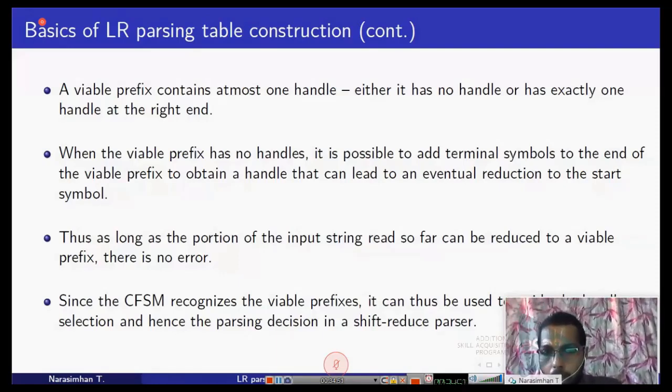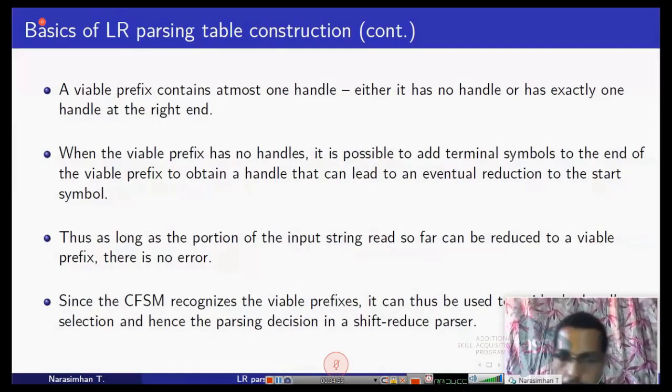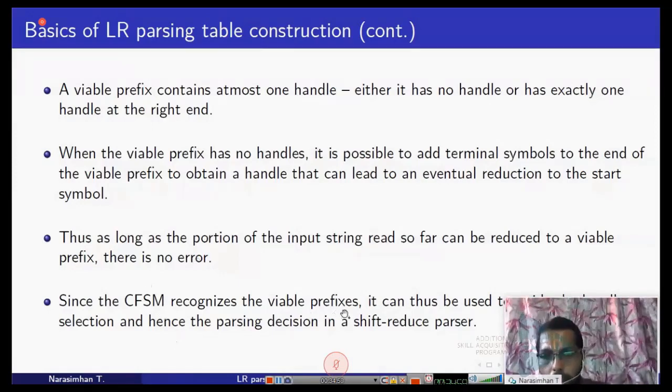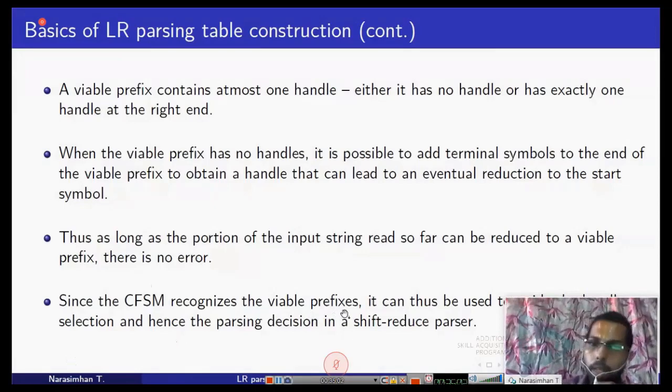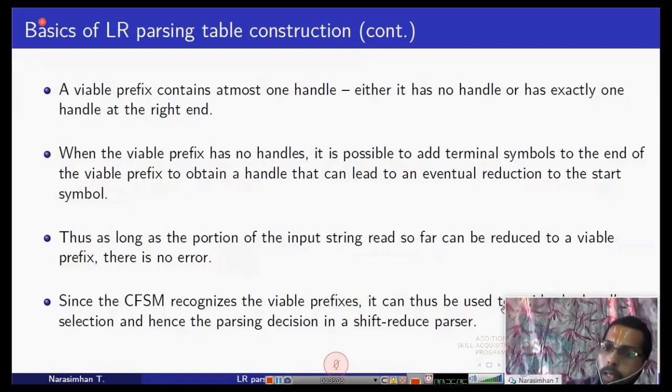So, as I told earlier, the CFSM will recognize the viable prefixes of the grammar. Since the CFSM recognizes the viable prefixes, it can be used to guide the handle selection. Which handle should you select? That selection can be done with the help of the CFSM.